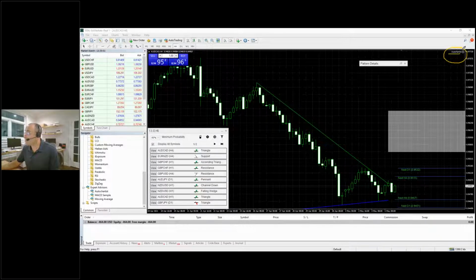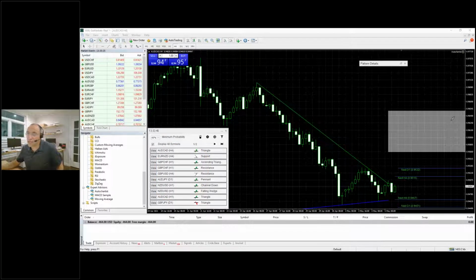And the little unhappy face means it is not trading on your behalf. So this puts your mind at ease that Autochartist is not placing buy-sell orders based on these trade setups we're giving you. This is not something that Autochartist has control over. This is just MetaTrader telling you you're running an EA called Autochartist and it's not trading for you, right? It's not an auto trading app. Okay.